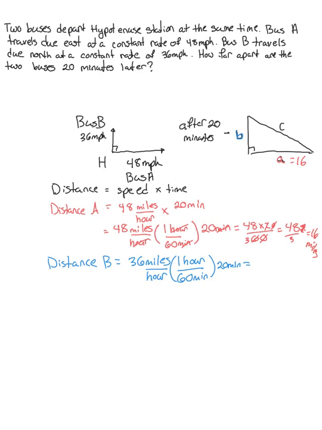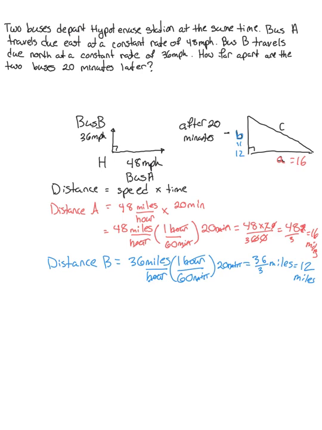Okay. And remember that 20 over 60 is the same as 1/3. So we're going to have, and remember, the units cancel, 36 over 3 miles, which will give us 12 miles. So it's 12.